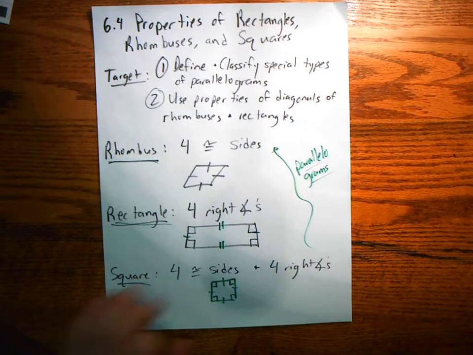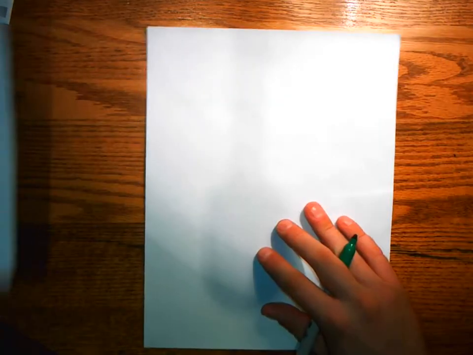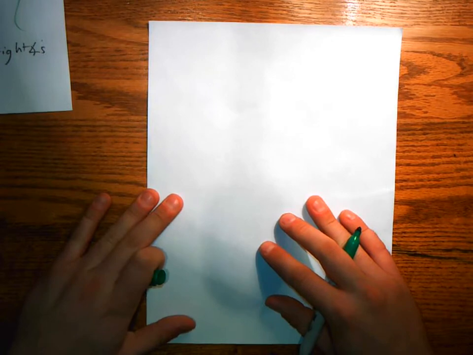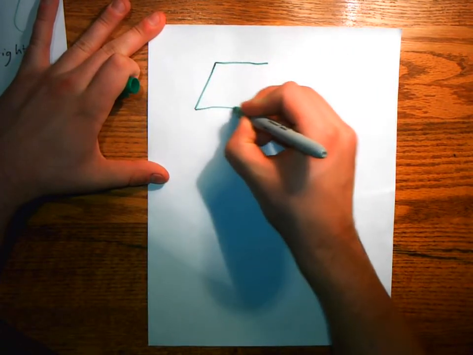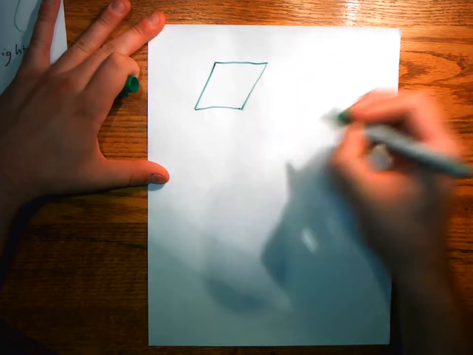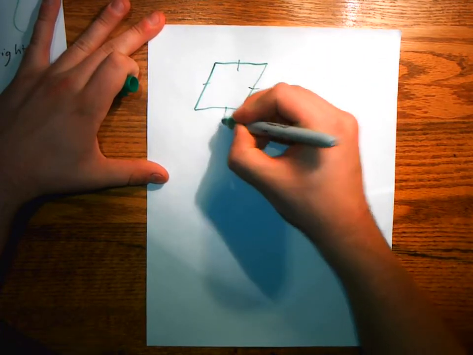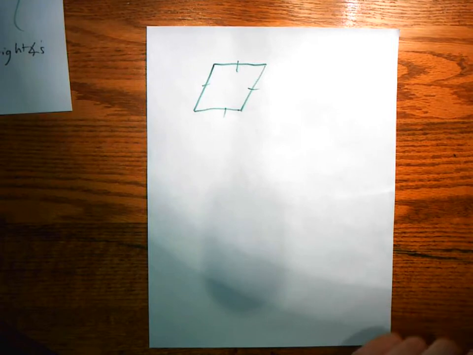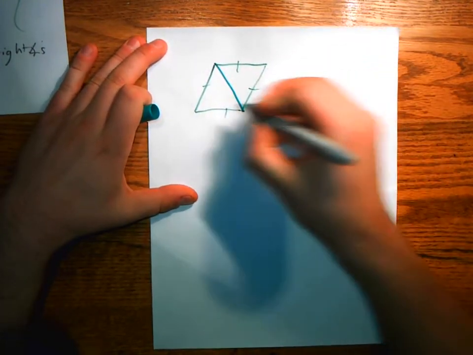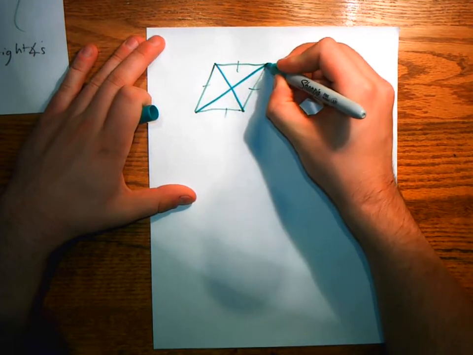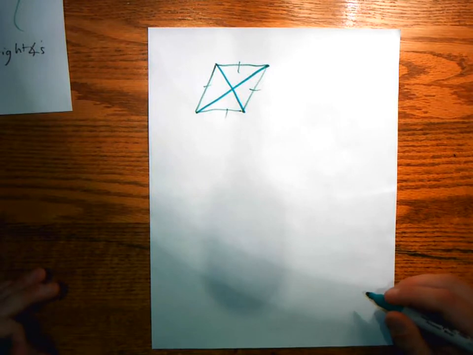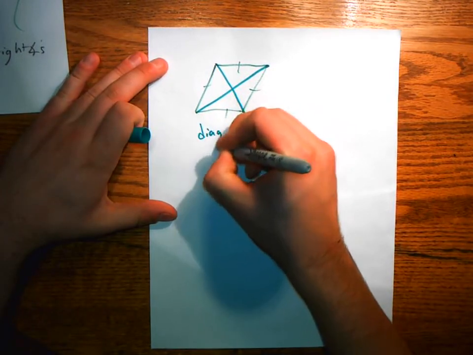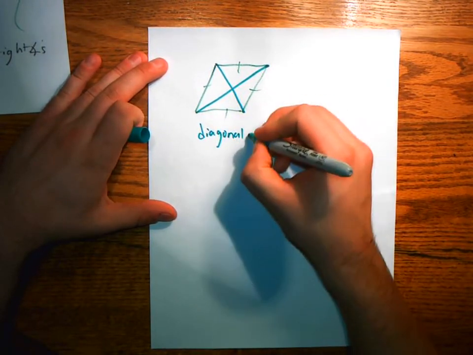And then the other target talks about using properties of diagonals of rhombuses and rectangles. So let's assume that we're just talking about a rhombus first, that has four congruent sides. When you're drawing diagonals of a rhombus, the diagonals bisect each other.